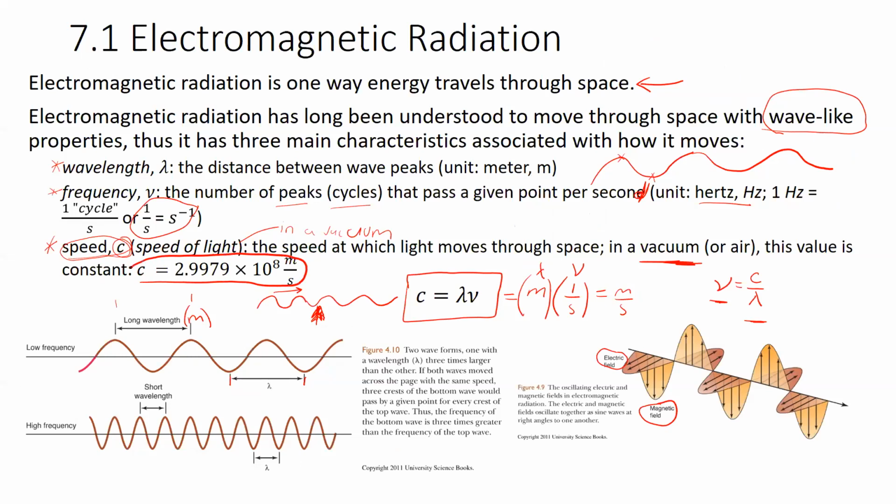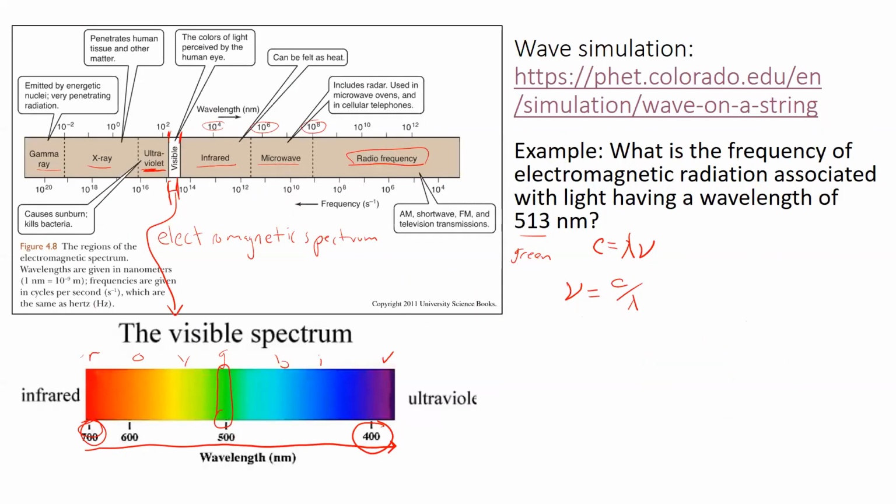It has a different speed in different media, but for us, we're dealing with it in a vacuum pretty much all the time. And so our value for c is 2.9979 times 10 to the 8th meters per second.